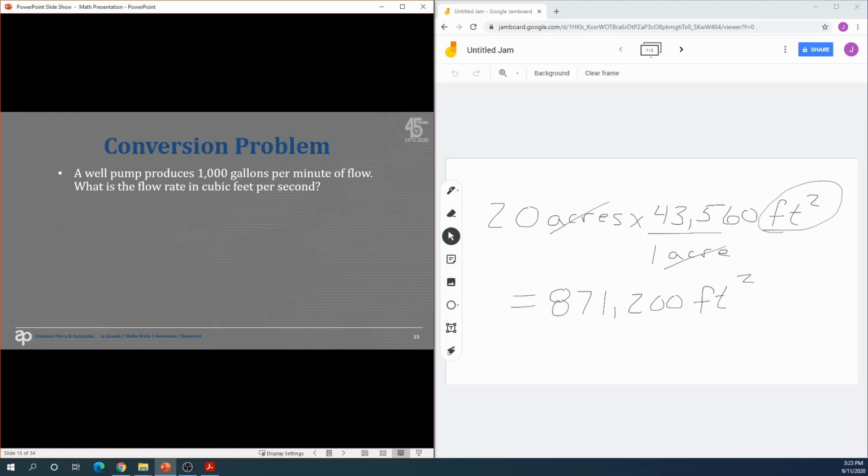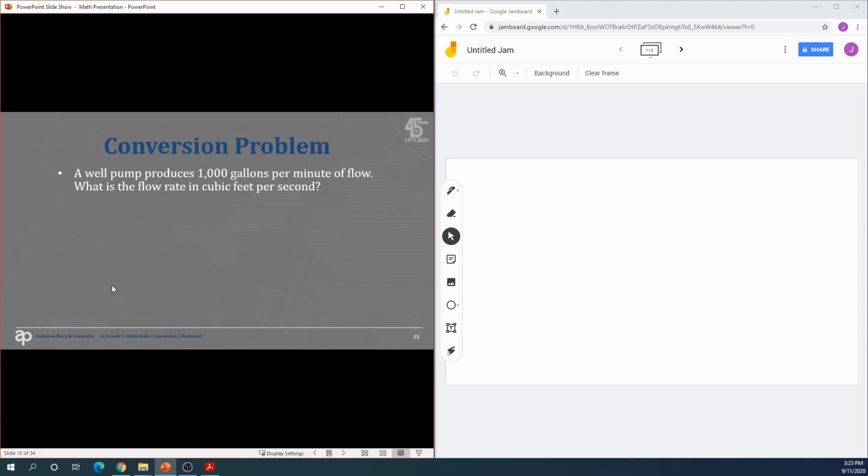Moving on to our next conversion problem. A well pump produces 1,000 gallons per minute of flow. What is the flow rate in cubic feet per second? So we need to know our conversion to go from gallons per minute to cubic feet per second.